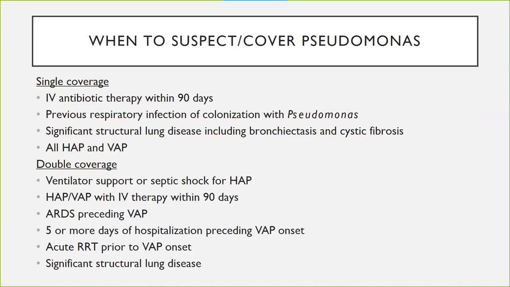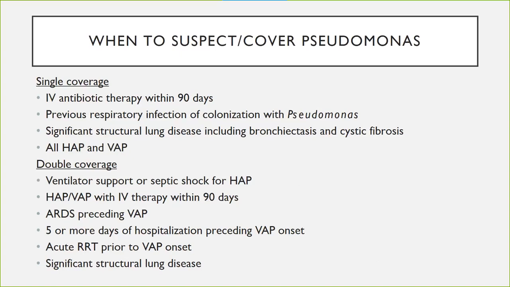We use single coverage if the patient's had IV antibiotics in the past 90 days, a previous respiratory infection or colonization with Pseudomonas, if there's significant structural lung disease, including bronchiectasis and cystic fibrosis, and in all instances of hospital-acquired pneumonia and ventilator-acquired pneumonia.